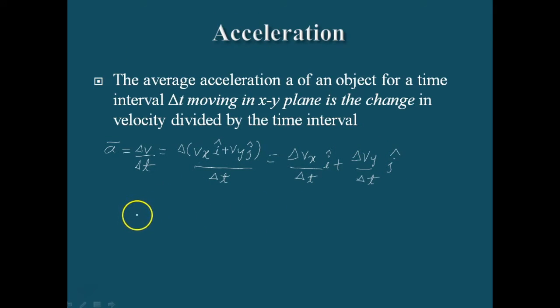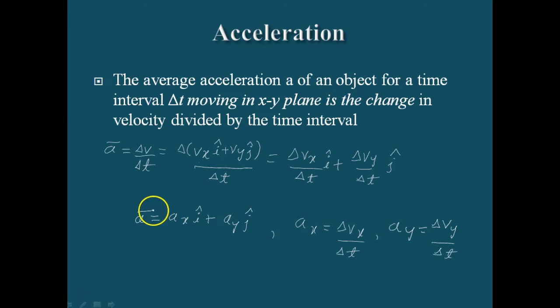So in simple terms, we can write average acceleration as ax into I cap plus ay into j cap, where Ax is given by delta Vx by delta t, and Ay is given by delta Vy by delta t.